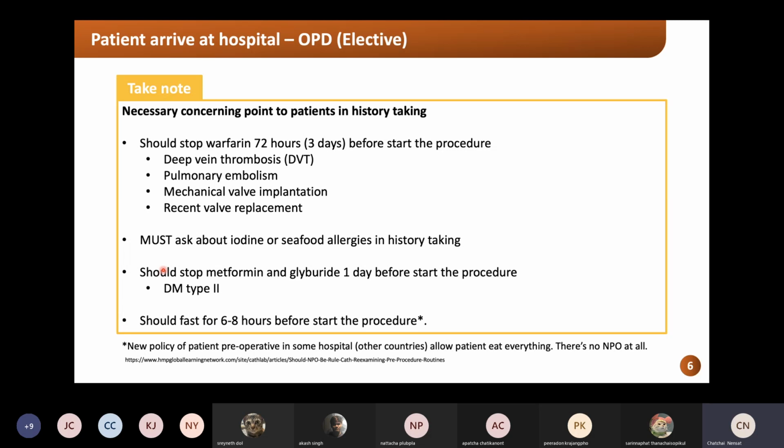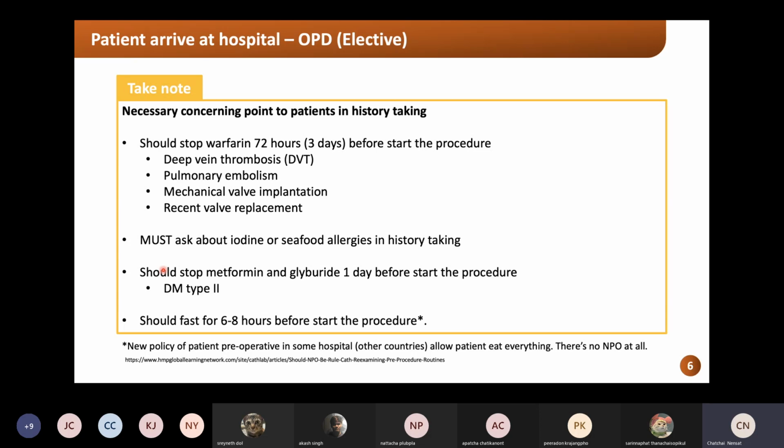Like in case we inject the contrast media into the coronary artery, we are going to see the structure of the coronary artery when we generate the X-ray beam passing through the patient at that position.